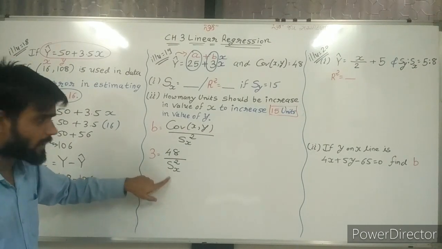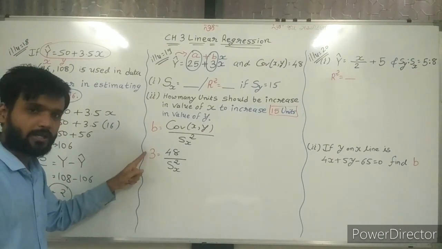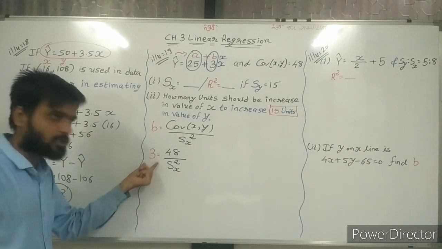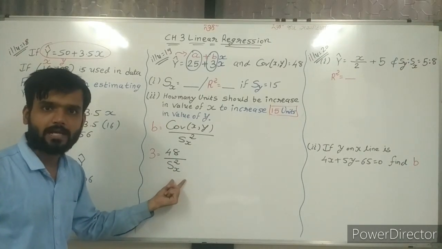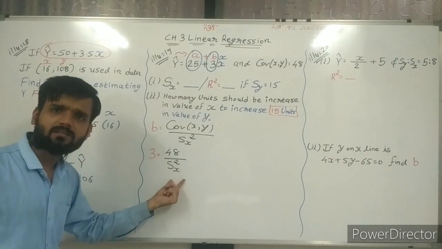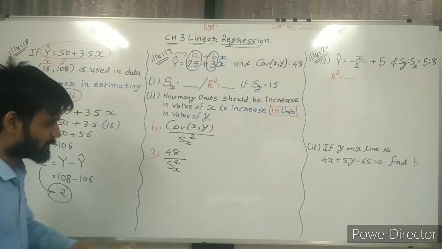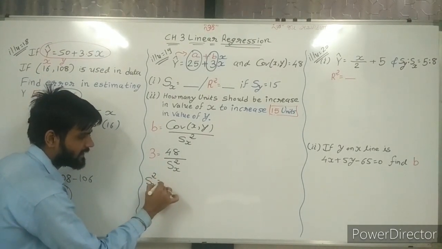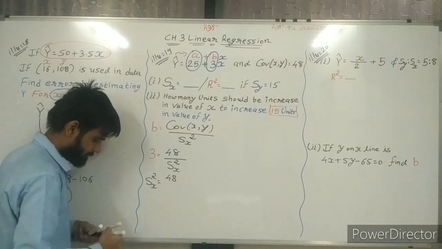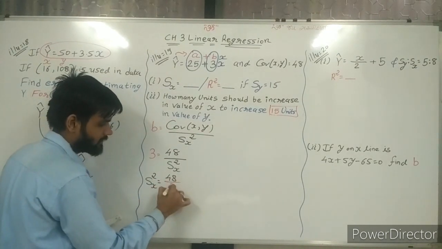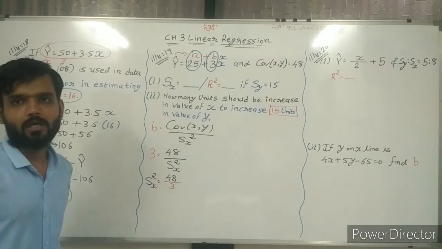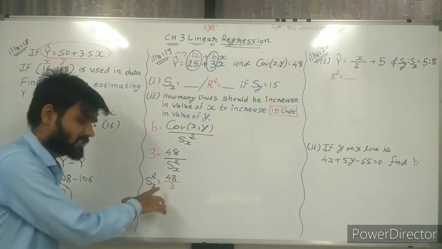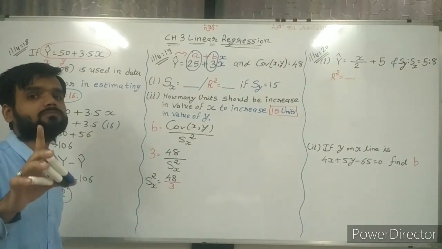Change the side of Sx square. It is in multiplication, and 3 is in multiplication. Change its side, and it is in division. Simple. So, Sx square is equal to 48 divided by 3, and I am confident this must not be a doubt.